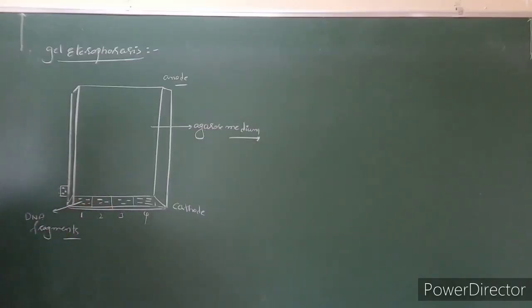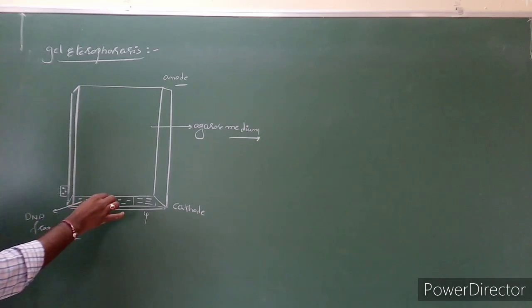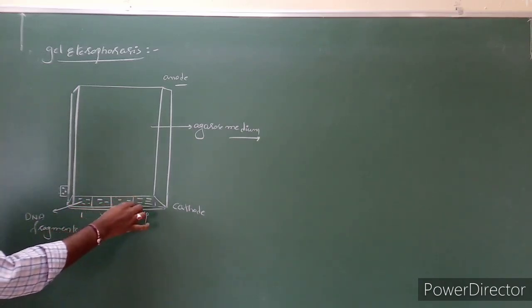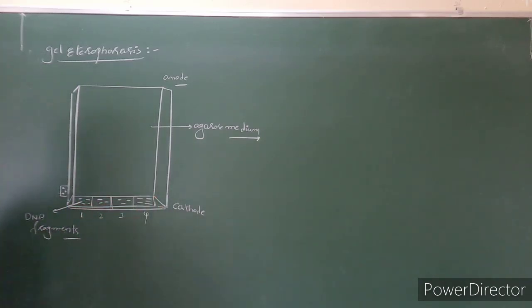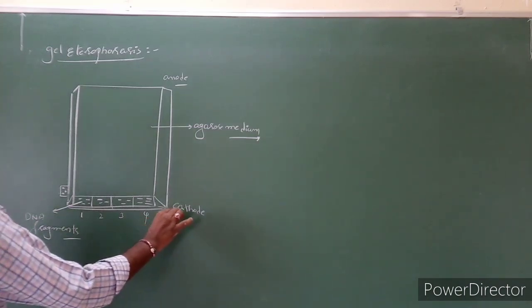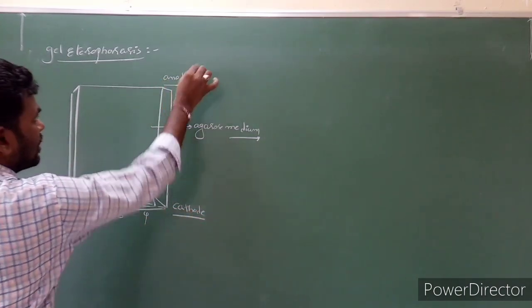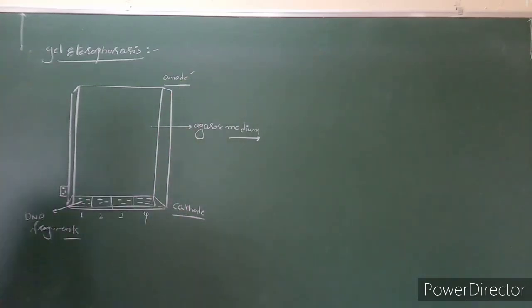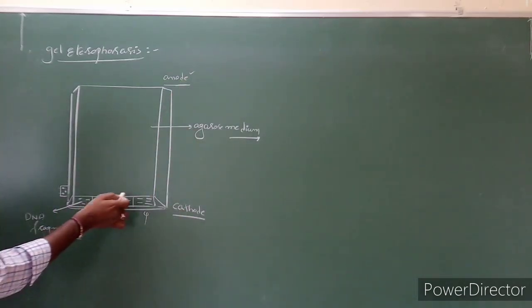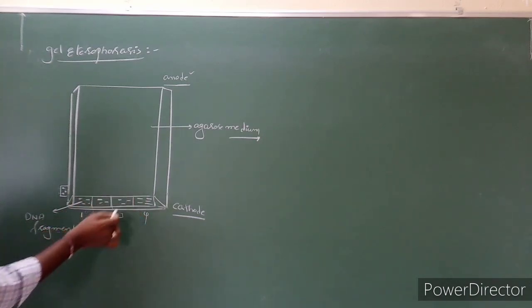So this is the gel electrophoresis machine. Here these are loading site 1, loading site 2, loading site 3 and loading site 4. So this is which side? Cathode side, and the opposite electrical current side is the anode side. Just notice, in each and every loading site small chambers are there.